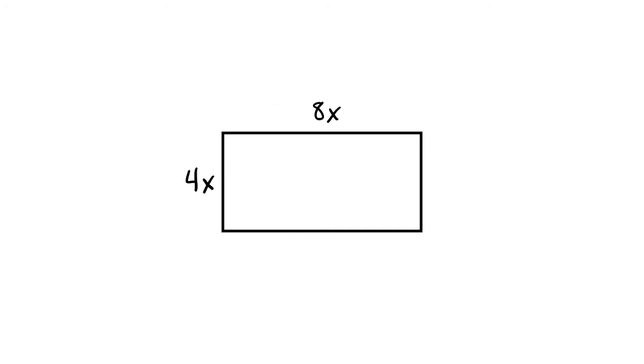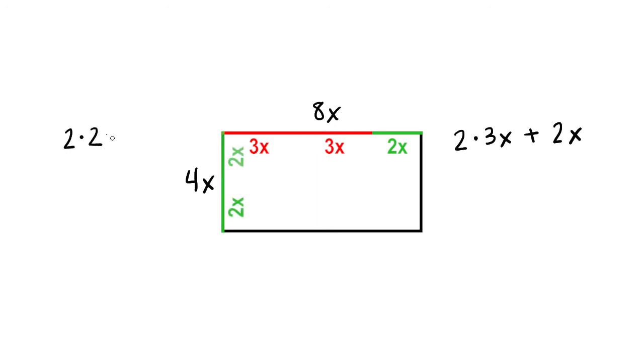Previously, we examined different ways to make the length of 8x and the width of 4x using our fence pieces. Let's pick one way for each and calculate. For 8x, let's use two 3x size pieces plus one 2x size piece. For the width 4x, let's use two 2x size pieces. There are two sides that are 8x, which means we will need to multiply the 2 times 3x plus 2x by 2.